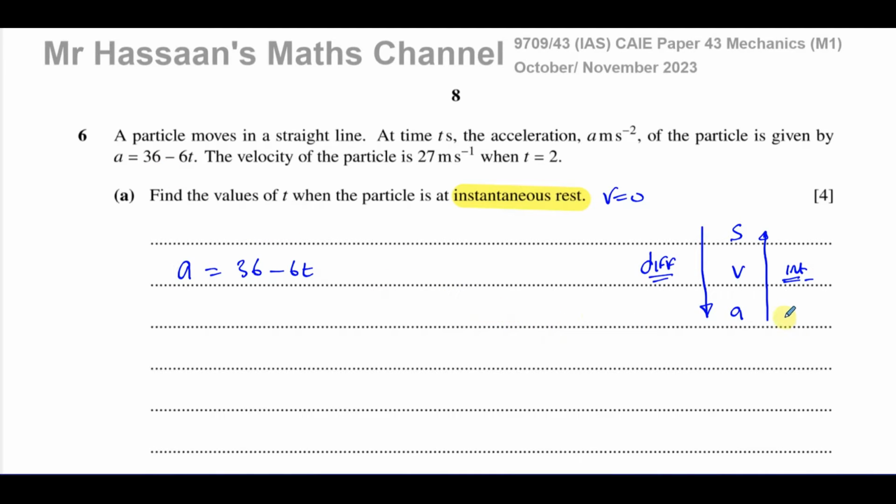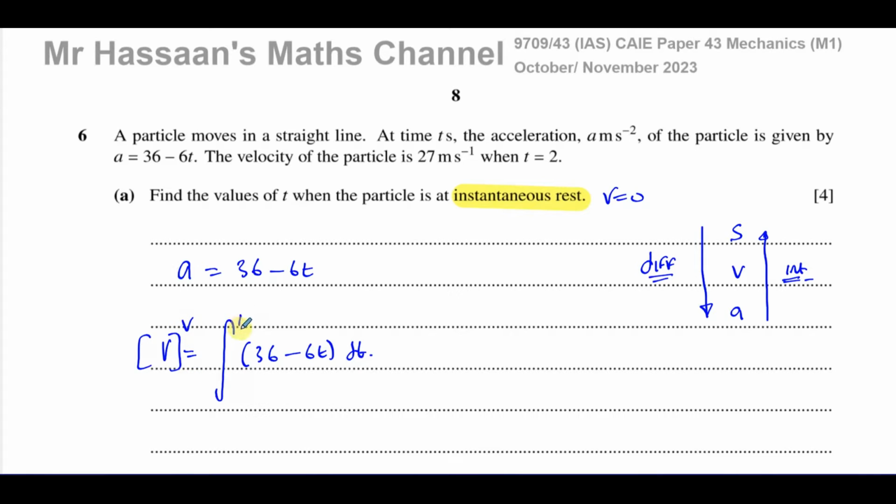So we want to find an expression for the velocity, so we have to integrate this expression. The velocity is going to be given by the integral of 36 minus 6t with respect to t. Now instead of having to integrate and write plus c and find what c is, we could use some limits here.